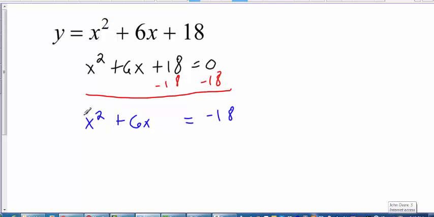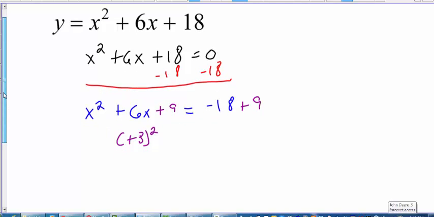Now that we see the leading coefficient of the quadratic term is positive 1, we can complete the square. We take half of b, which leaves us with a positive 3. We square it, and that adds 9 to both sides.